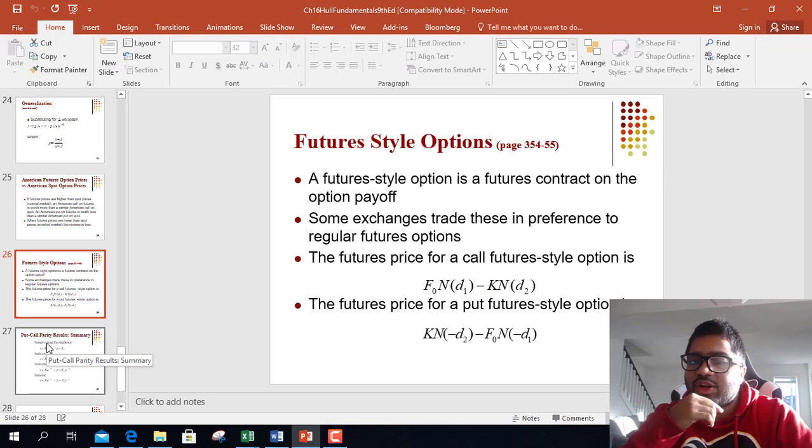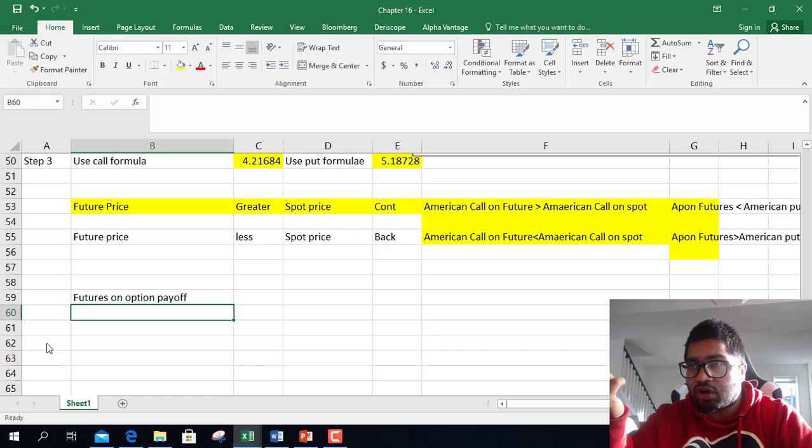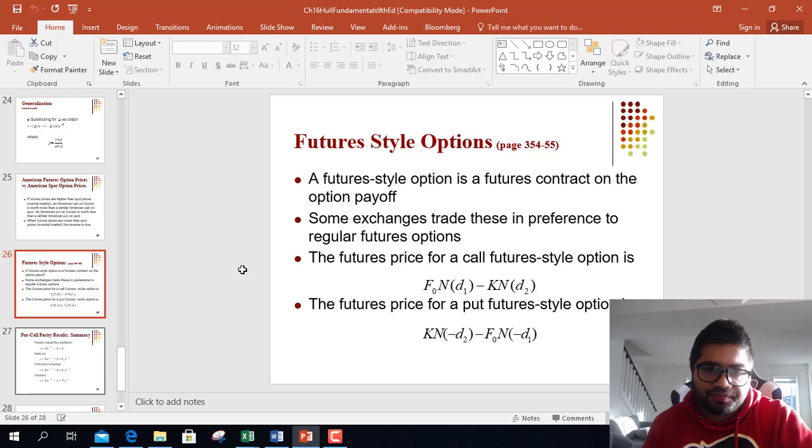These are future contracts on option payoffs. So you can go long on a call, or you can go short on a call, and the same way with puts. So these are future contracts that are designed on options. Okay. So a futures-style option is a future contract on option payoff.